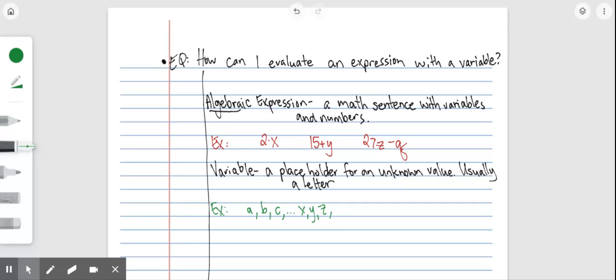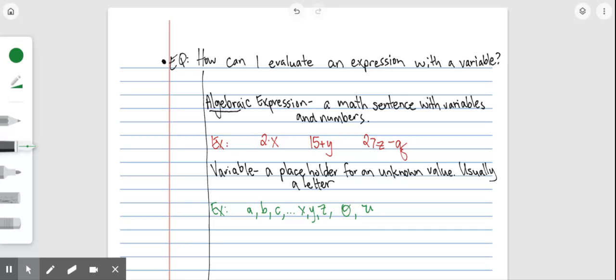So for example, letters like theta, or I don't know, omega. Okay, it doesn't matter what you use. You can use any sort of variable.